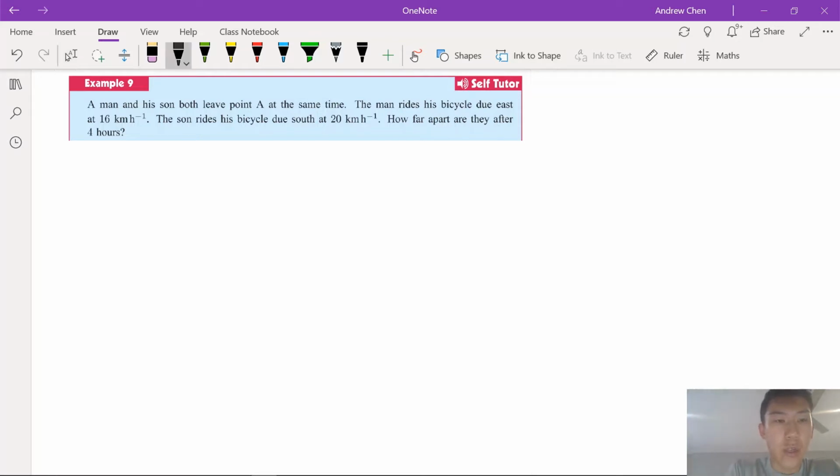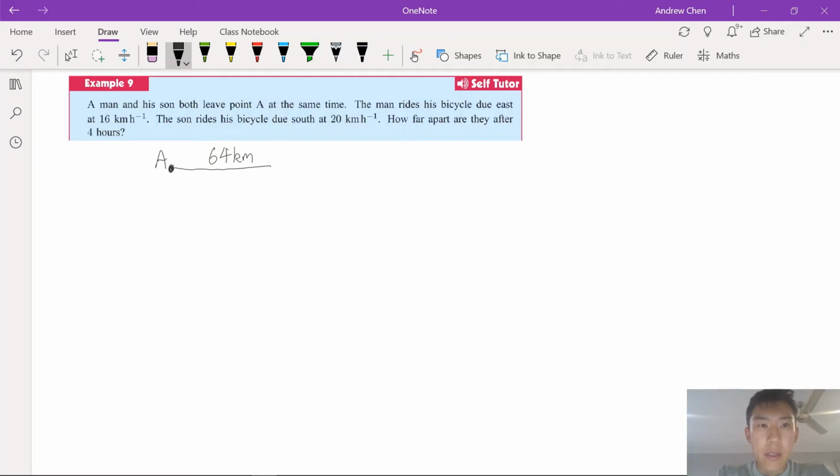So if we want to draw a diagram, let's make this point A. Let's say the man goes east at 16 kilometers an hour. We want to know how far apart they are after 4 hours, so 16 kilometers per hour times 4 means he's traveled 64 kilometers.